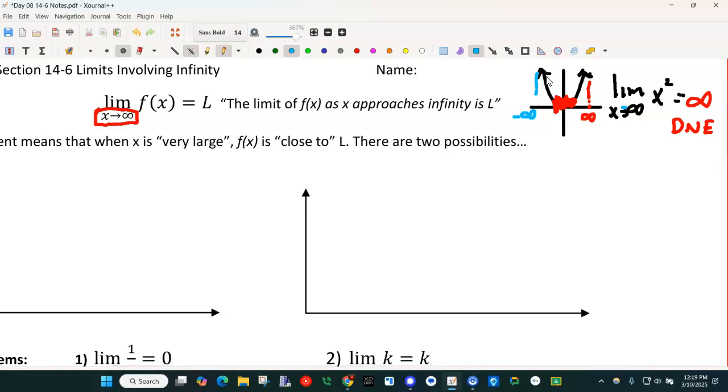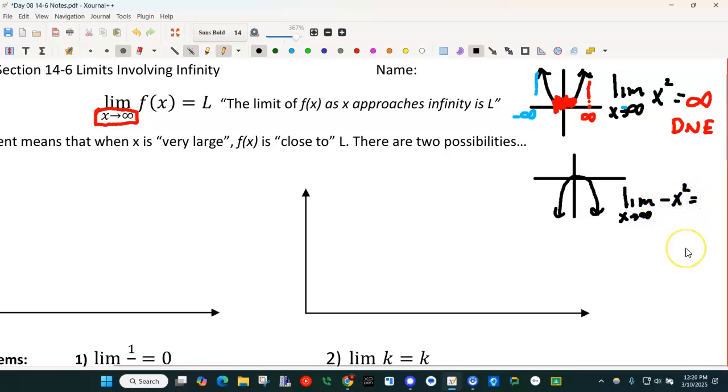So we want to think about what the graph looks like in general. And of course, if this was a negative x squared, then this would be heading to negative infinity. So just knowing in general what happens with graphs when you put negatives in front of them, that will help us as well.